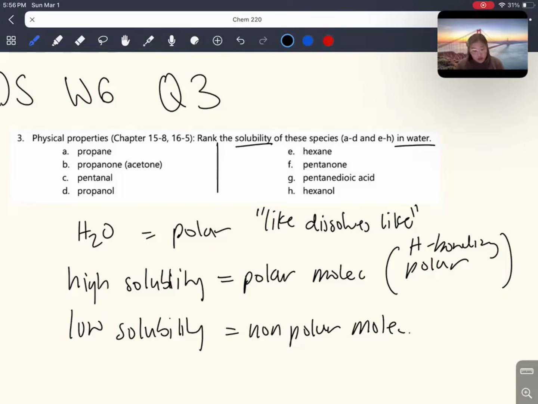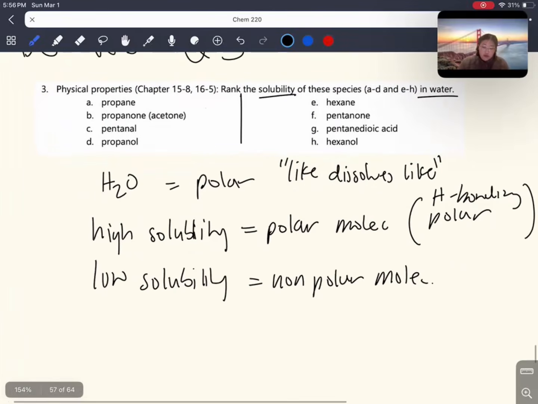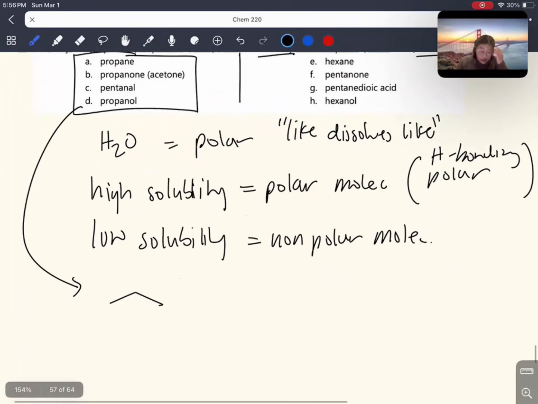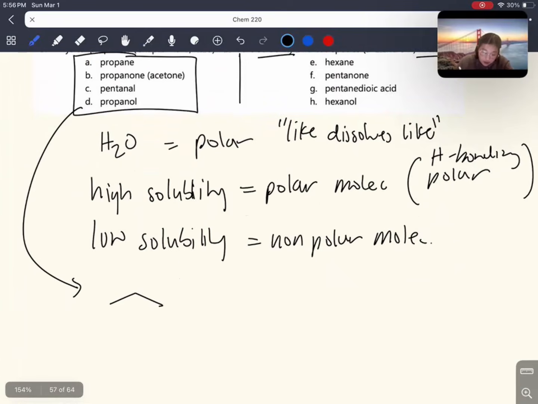So now that we have that general rule of thumb laid out, we're going to look at our first list, which is A through D. A, we have propane, so I'm going to draw out propane. Propane has three carbons, and then propanone, or acetone, looks like this.